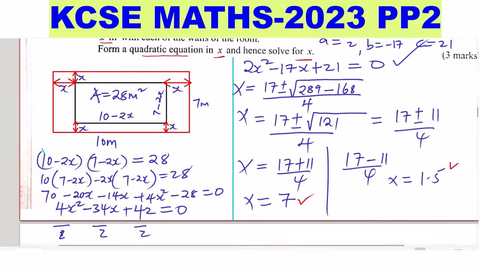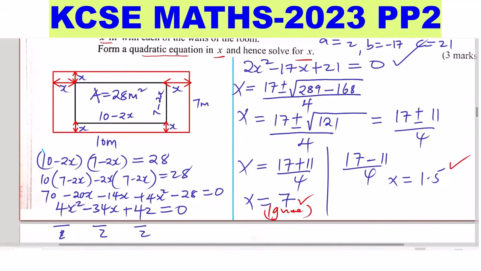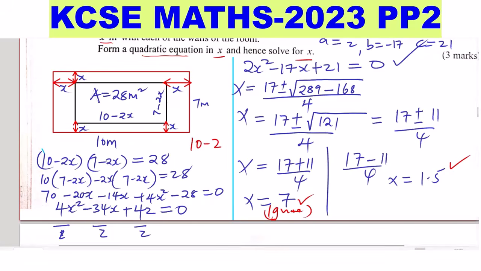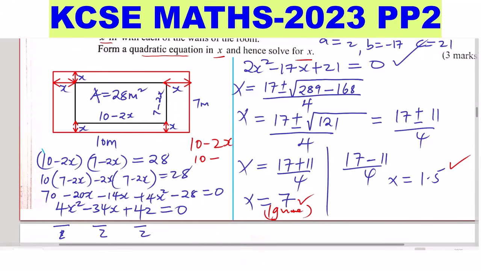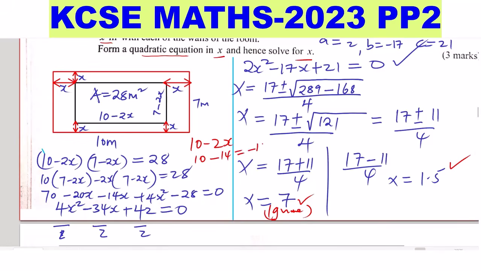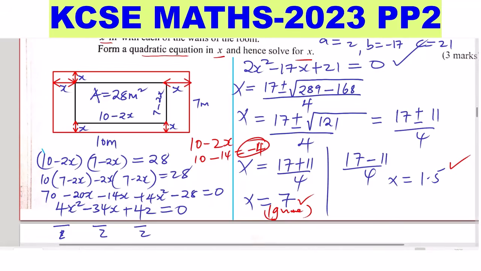Now you're going to ignore 7, because if you substitute into 10 minus 2x, when x is 7, you'll get 10 minus 14, and this will give you negative 4. And since we can't get a negative measurement or negative length, we ignore that. So we go by 1.5. Therefore x is equal to 1.5.